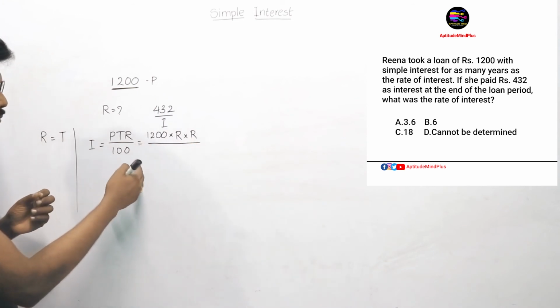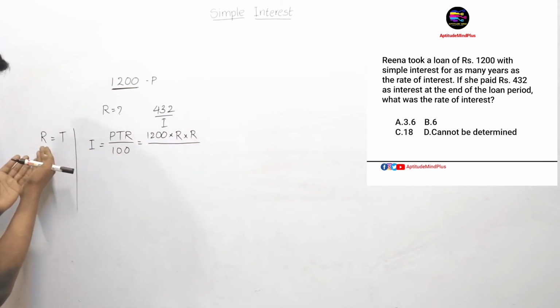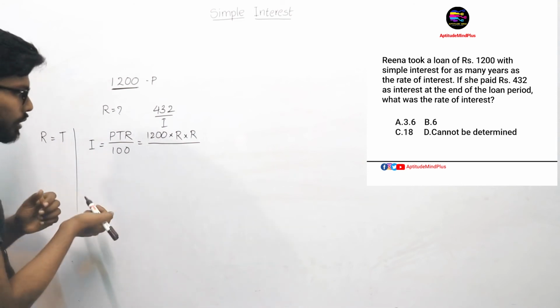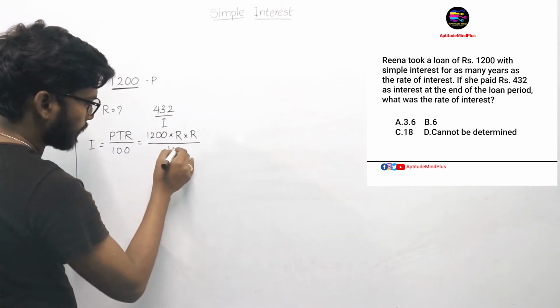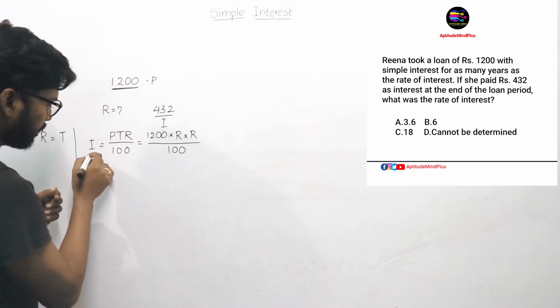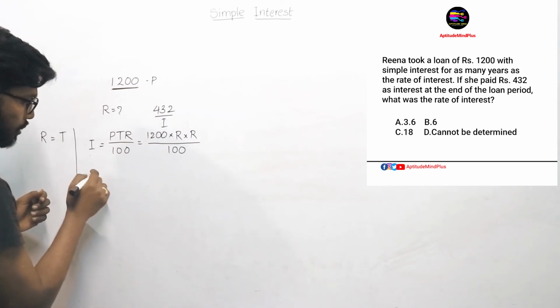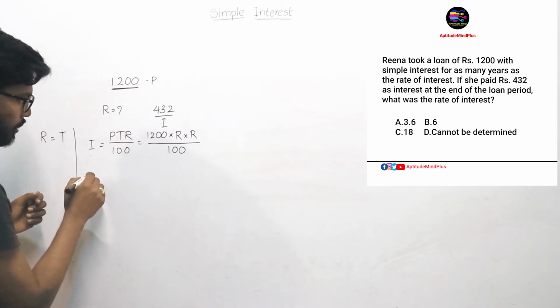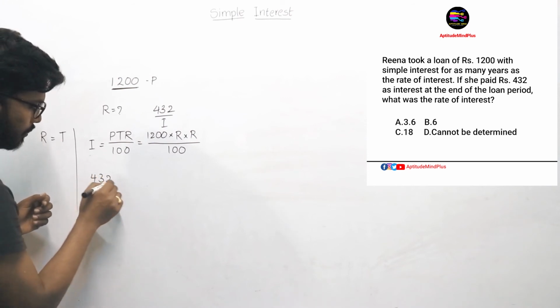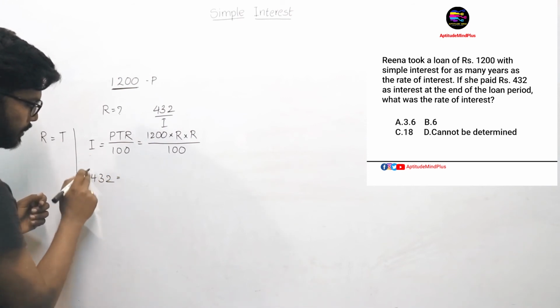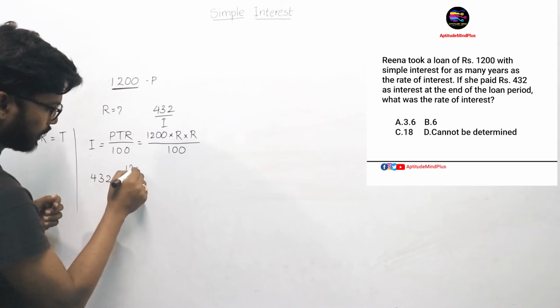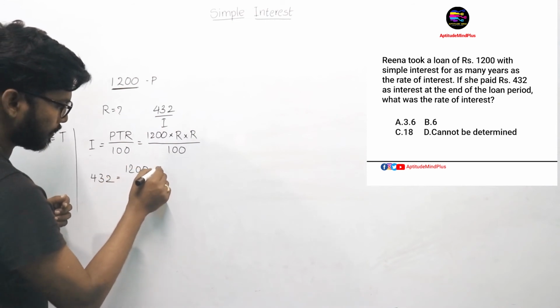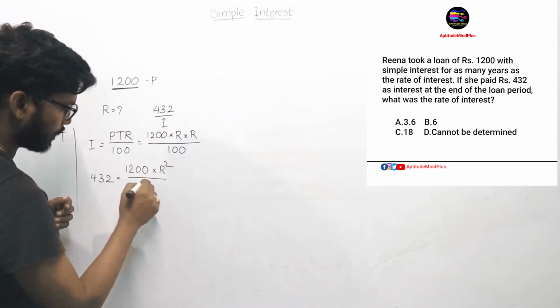Later again, because both of them are equal, T and R, you can take anything, no problem at all. Okay, so 100, and finally we got 432 is equal to, that means interest is equal to 1200 into R square by 100.